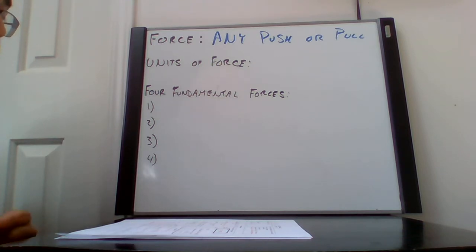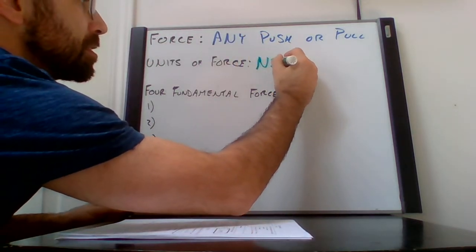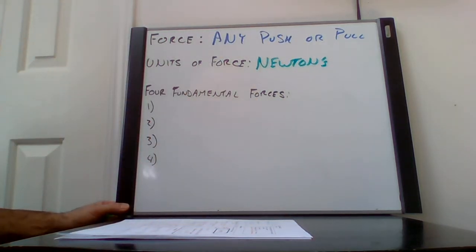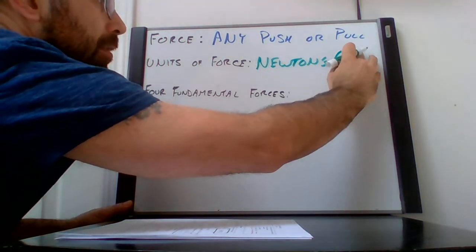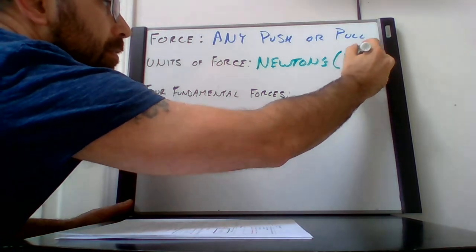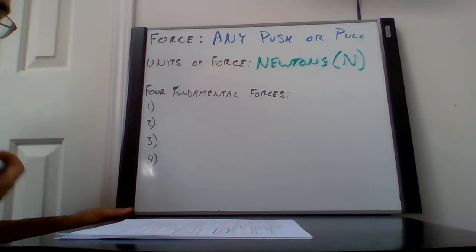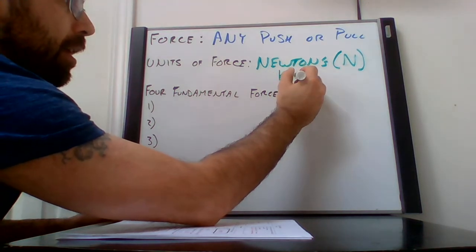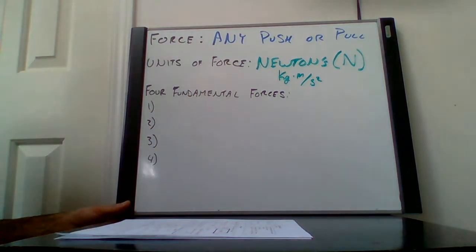We've got to be careful here. We talk about the units of force. Our units of force, we use newtons, in honor of Sir Isaac Newton, and we give those the symbol capital N. Now in terms of what these actual units are, it is going to be kilograms times meters divided by seconds squared.